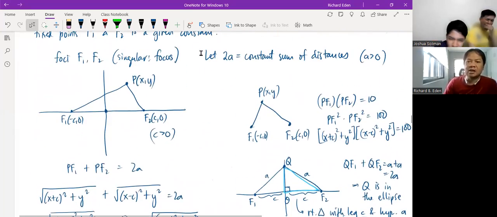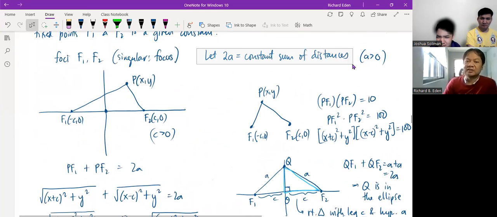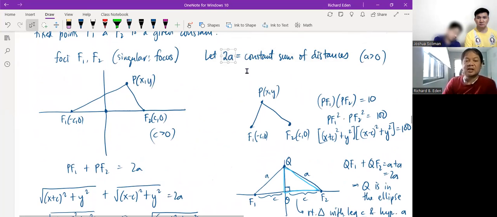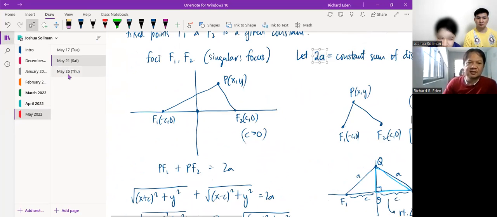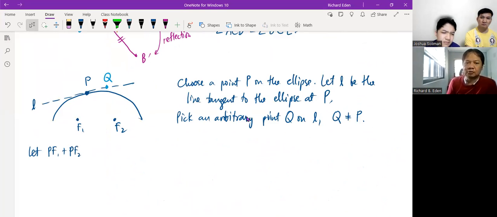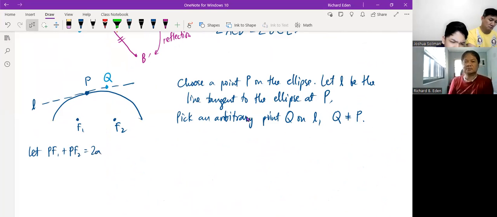Let 2a be the constant sum of the distances. 2a ends up being precisely the length of the major axis. So let's use the same symbol. Let PF1 plus PF2 be 2a.